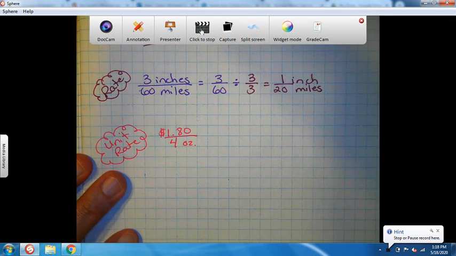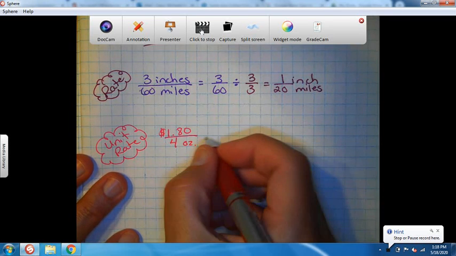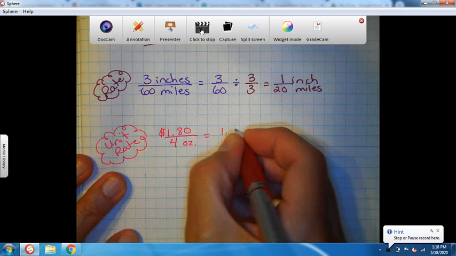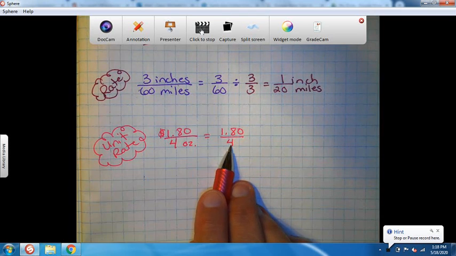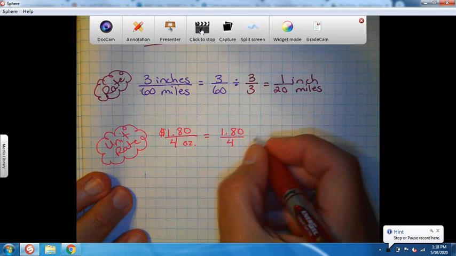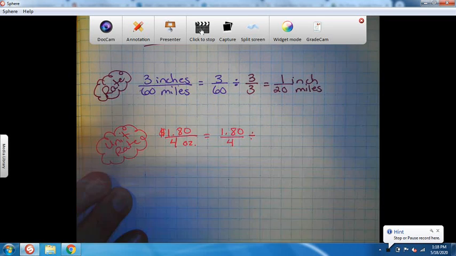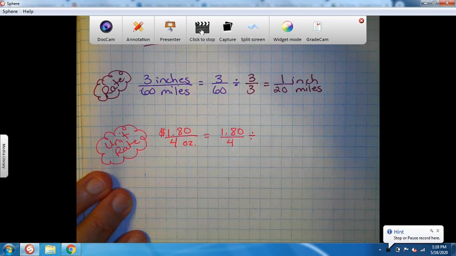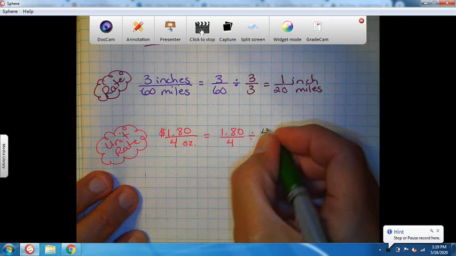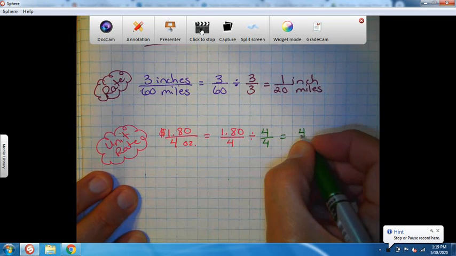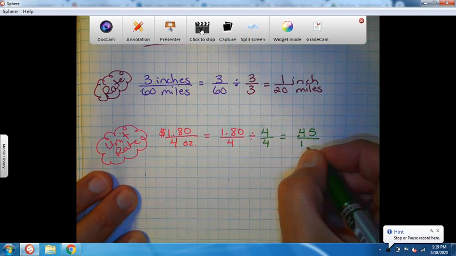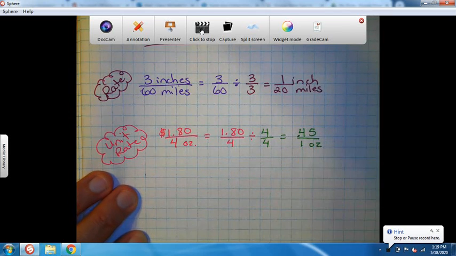So once again, we need our giant 1. So 180 over 4. Remember, always start with the smaller number. So does 4 go into 180? Yep, it does. So we divide by 4 over 4, and it equals, so it's 45 cents for 1 ounce of whatever it is, peanut butter.